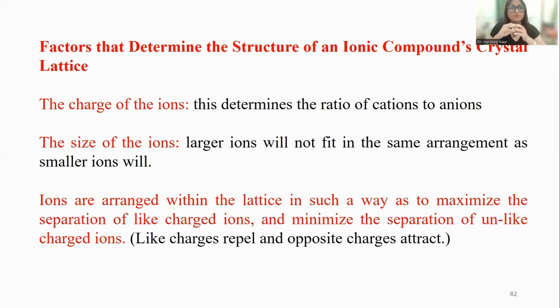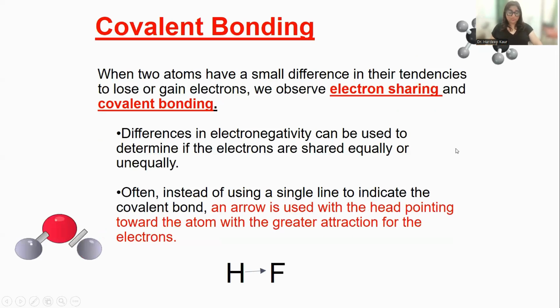Ions are arranged within the lattice in such a way as to maximize the separation of like-charged ions and minimize the separation of unlike-charged ions. So I will conclude here that an ionic bond is made between a metal and a non-metal. The non-metal is a highly electronegative atom and the metal is an electropositive atom, and there is a complete separation of charges.